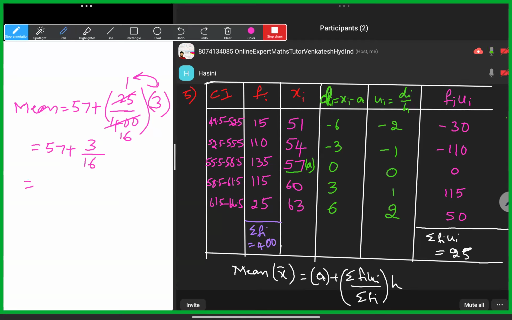So we'll find this out to 3 or 4 decimals and add it with 57. Here we can also do the LCM, but it is a waste of time, because after the LCM and adding the numerators you would again need to divide by 16. So we'll prefer dividing 3 by 16 and adding the decimal, because we want the answer in decimal anyway.